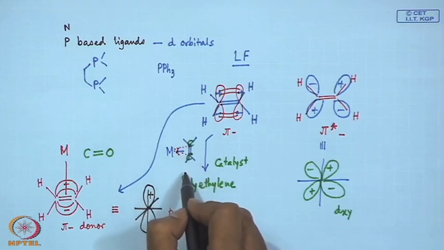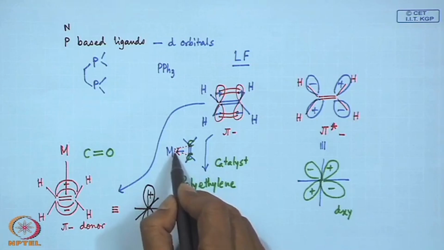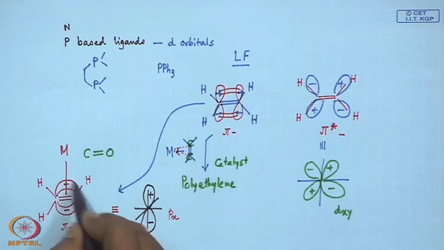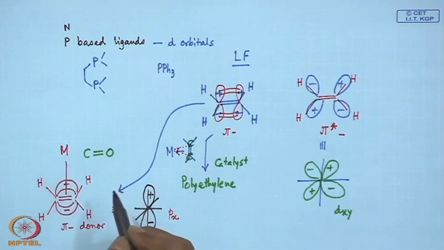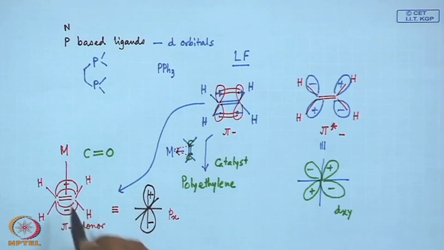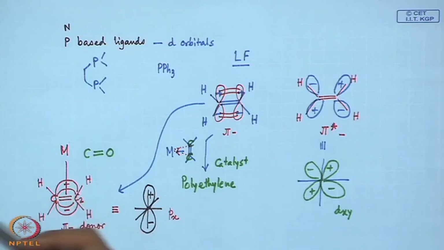So, in perpendicular orientation the ethylene molecule is bonded to the metal side. That is why the pi electron density between the carbon-carbon axis is being utilized for the donation to the metal center. We do not have any direct bonding to either of the carbons, whether it is C1 or C2, with the metal center.